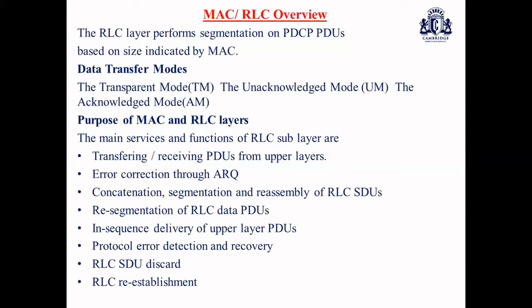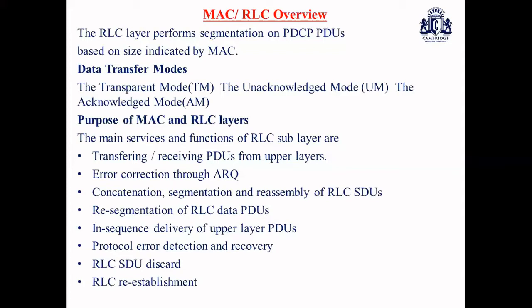What happens with respect to the base station, nothing but the eNode Bs? At the eNode B, this includes multiplexing as well as prioritizing of the various UEs, that is, which particular user entity should be given the highest priority, and also multiplexing and prioritizing of the various radio bearers. All these things are done at the base station. At the UE, the MAC layer only performs the task of prioritizing the various radio bearers which are associated with the user entity.